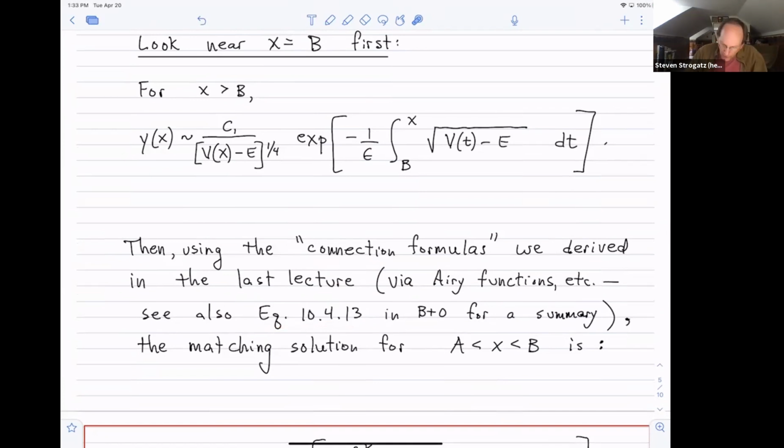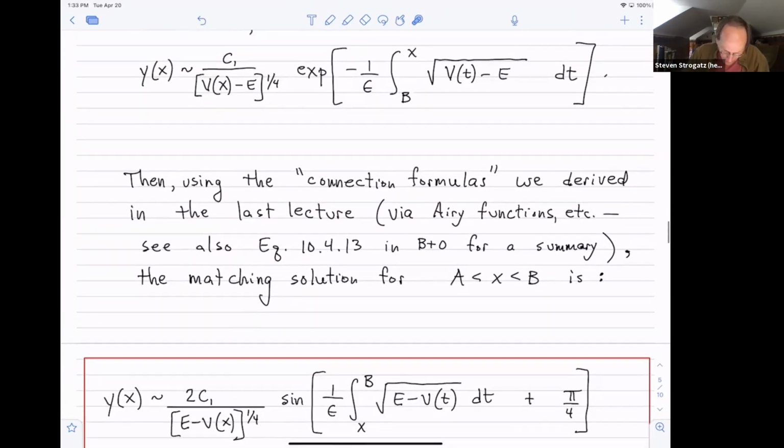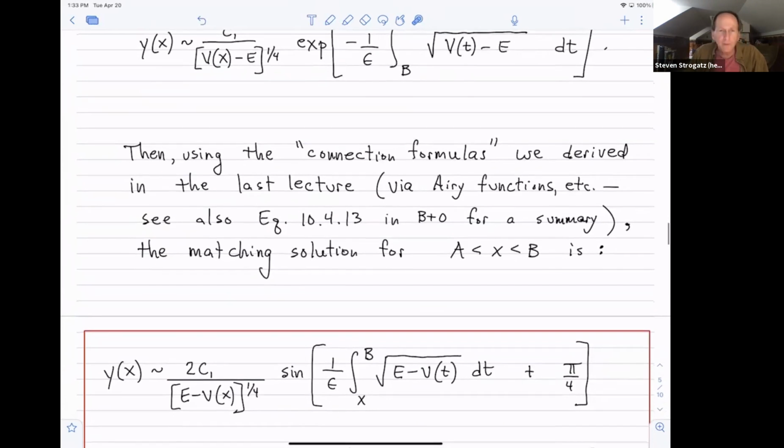The matching solution after you tunnel through is going to look like this. Hopefully that looks familiar. The things to be noticing are there was this slightly confusing factor of 2 that we discussed a little bit last time that came from a product of 2 square roots of 2. This characteristic 1/4 power is still there.